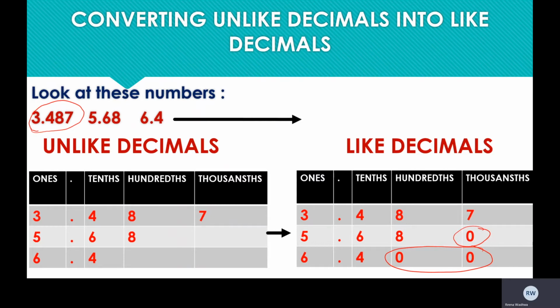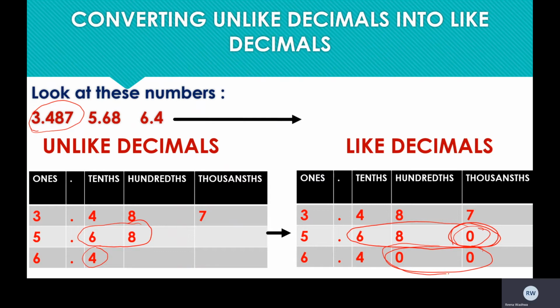So in the second number, we have 2 digits after the decimal. I have to make it 3. So I will add one 0, this 0. In the third number, I have 1 digit after the decimal. I have to make it 3.